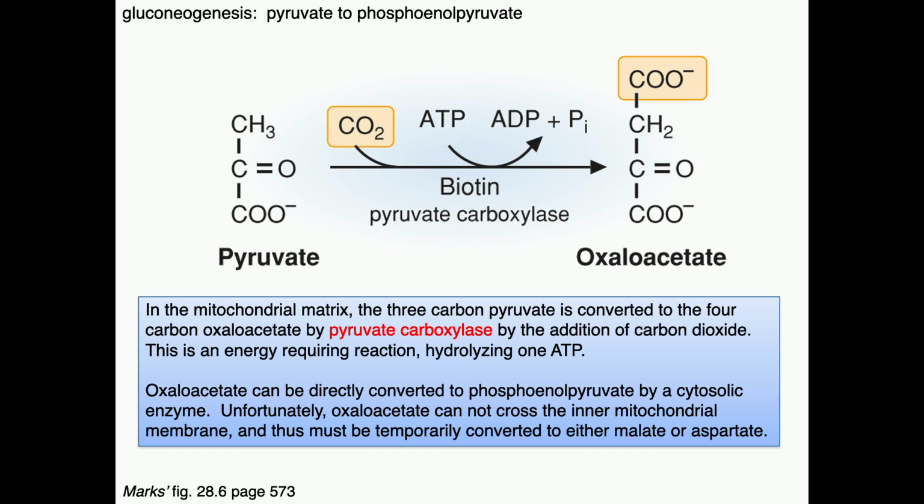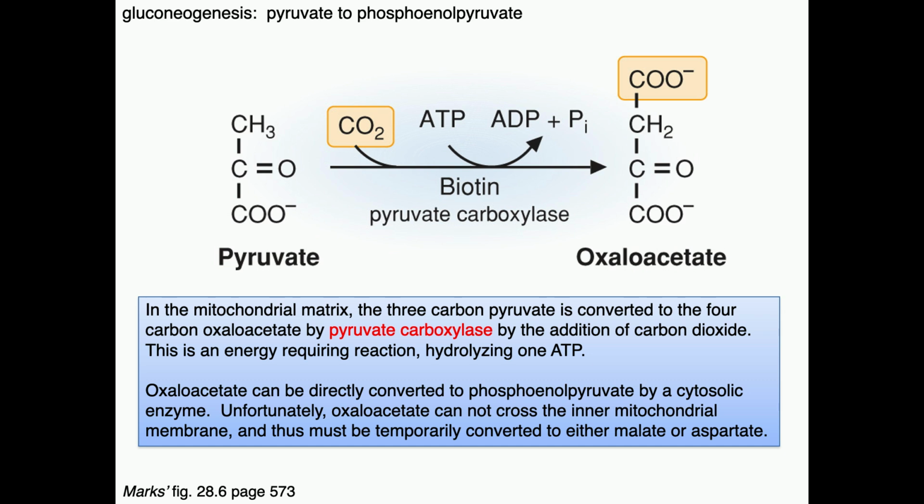So this oxaloacetate could be another bucket in our Ferris wheel, and take 2 carbons from acetyl-CoA and become citrate and provide more capacity for our TCA cycle. So that's one potential function of this reaction.